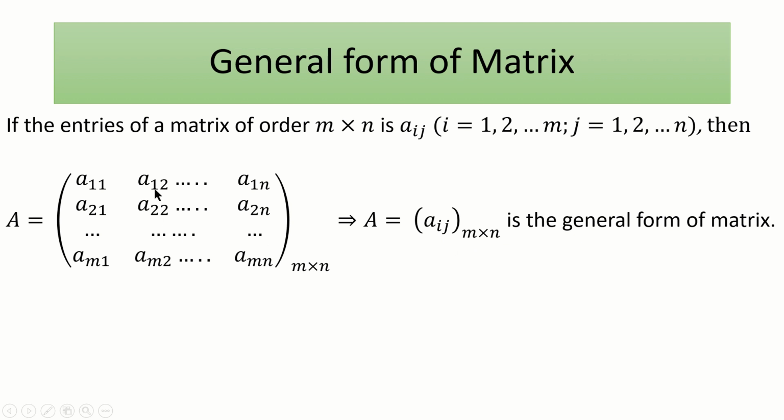Here i is equal to 1, that means first row, and j is equal to 2, that means second column. Follow here. Here i is 2 and j is 1. That means second row, first column. Clear? In this way we can find the position of the entries of a matrix. Clear?